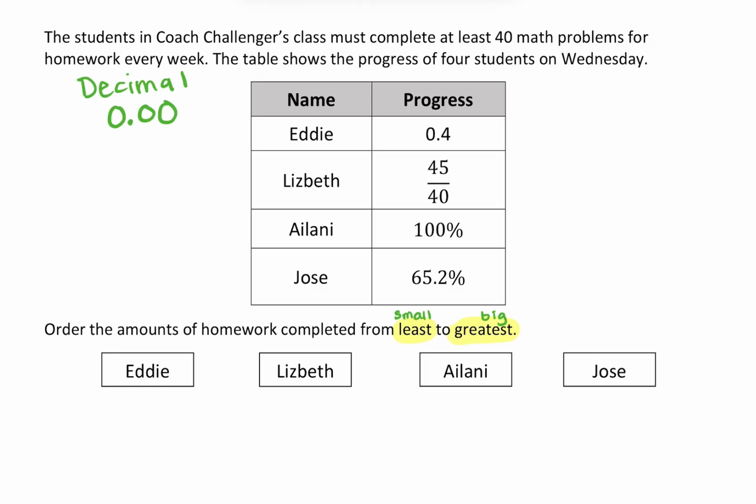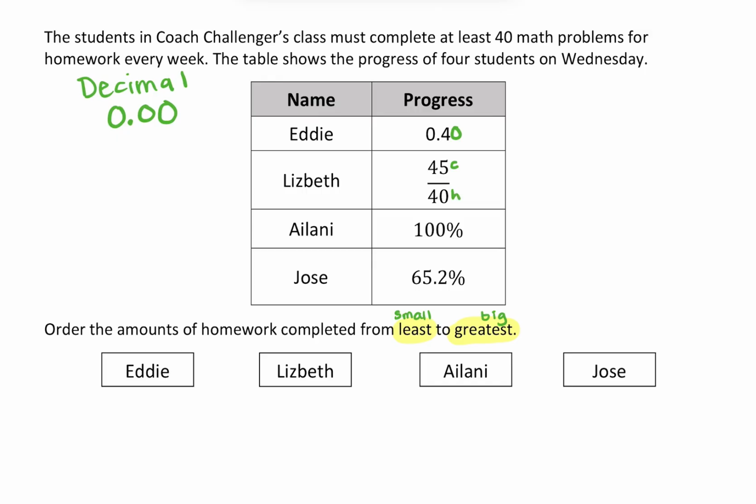So Eddie is already a decimal, but he does not have 2 decimal places. So I am going to add a 0 on the back of Eddie so he has 2 decimal places, okay? Lizbeth is a fraction, and we turn fractions into decimals by cowboy and horse, okay?